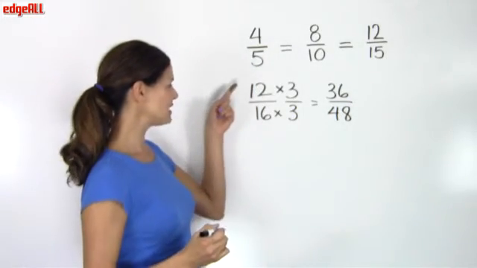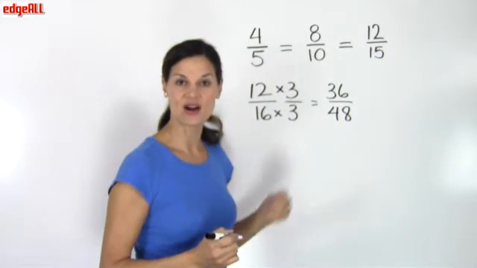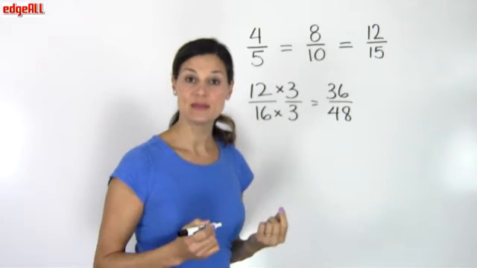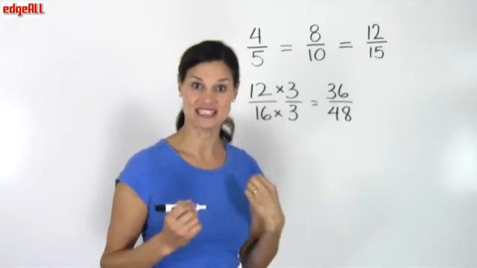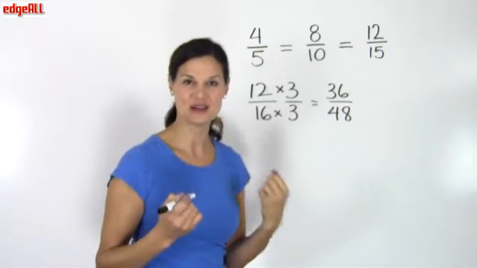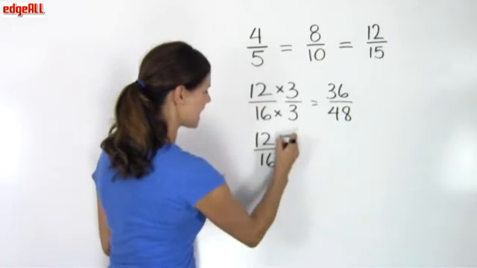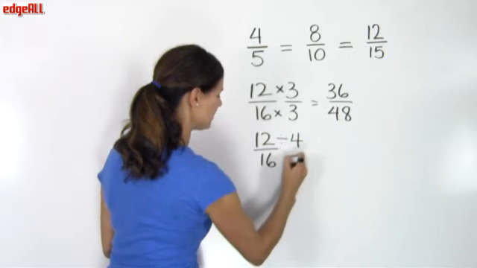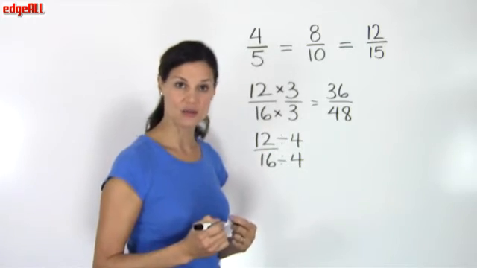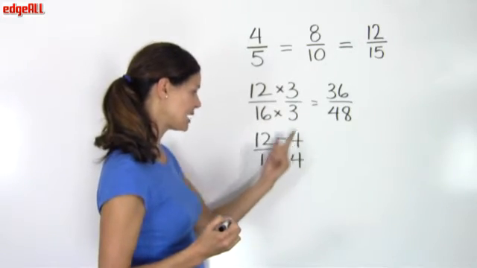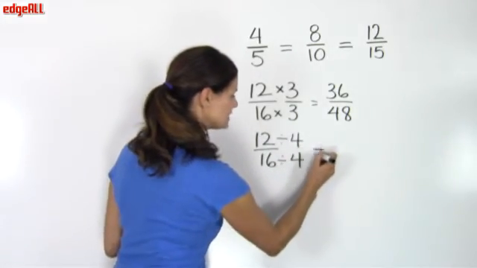And so this shows me that 12/16 and 36/48 are equivalent fractions. Similarly, I could divide both my numerator and my denominator by the same number and create another equivalent fraction. So if I took 12/16 and I divided both top and bottom by the same number, let's divide both top and bottom by 4, which means I'm dividing 12/16 by a number over itself, which is 1, and it's going to keep the value of 12/16.